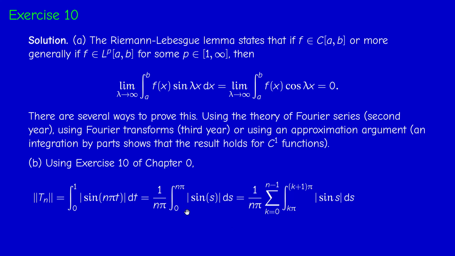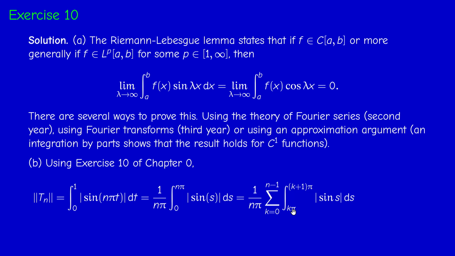So I have to split that into intervals where sine has a constant sign. I write this as the integral from 0 to pi plus the integral from pi to 2 pi, and so on. But since I'm taking the absolute value of sine, the integral of the absolute value of sine over an interval of length pi is just actually 2. For example, the integral from 0 to pi of absolute sine is just the integral of sine, which is minus cosine from 0 to pi, which is 2.